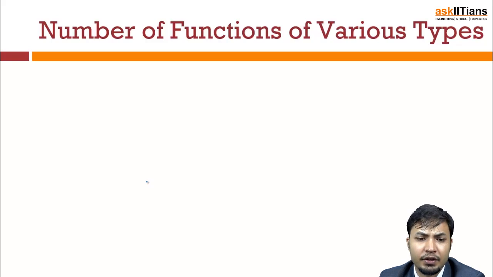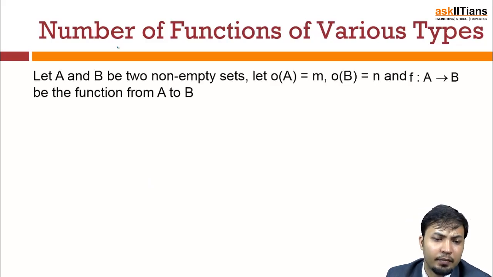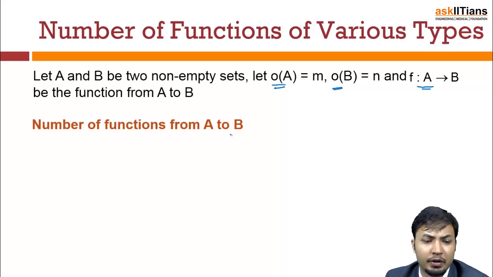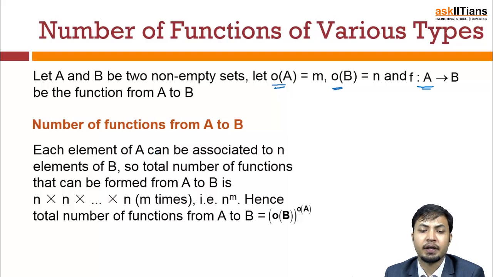Let A and B be two non-empty sets such that n(A) is equal to m and n(B) is equal to n, and f is a function from A to B. Each element of A can be associated to n elements of B, so the number of functions that can be formed from A to B is n times n times n, up till m times.